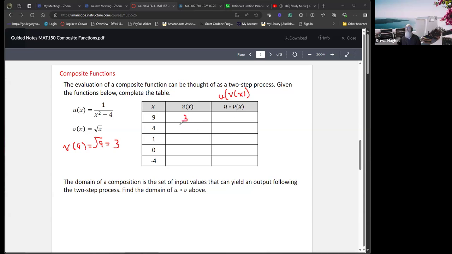Now I want to find u of 3. Why? Because I'm putting v of x into u. So I want to find u of 3, which is equal to 1 over 3 squared minus 4, which is 1/5. All right, so 1/5. All right, you try a couple.